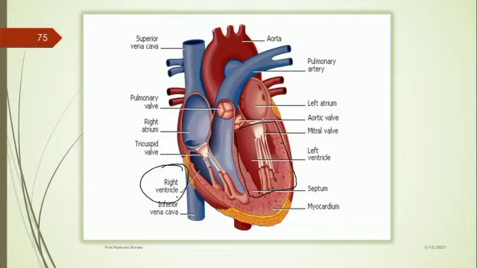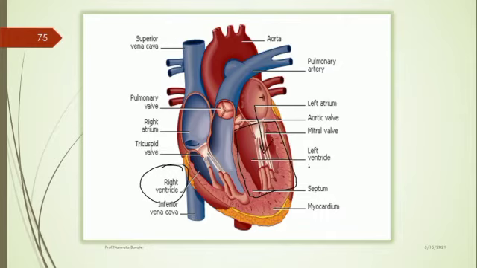It may be asked as a 1-mark question: why is the left ventricle thicker as compared to the right ventricle? The left ventricle receives the oxygenated blood from the left atrium.